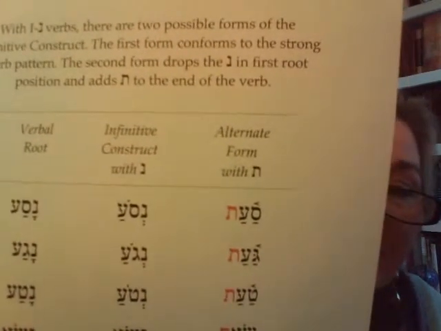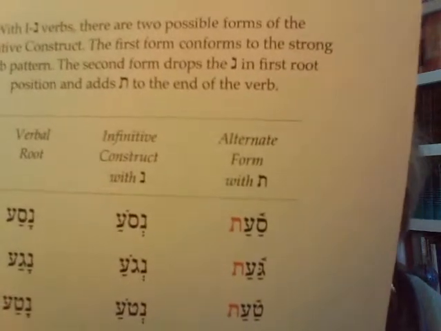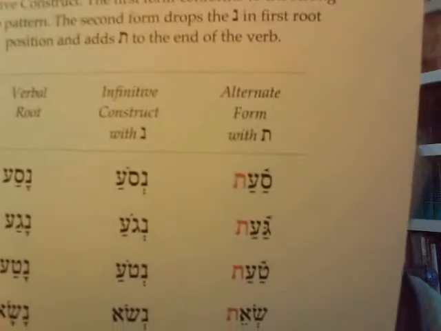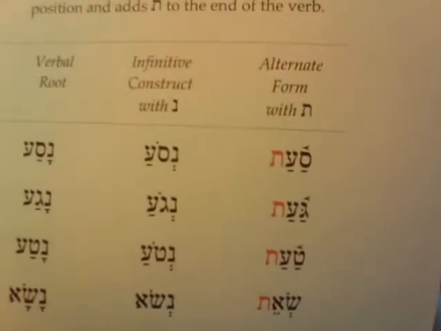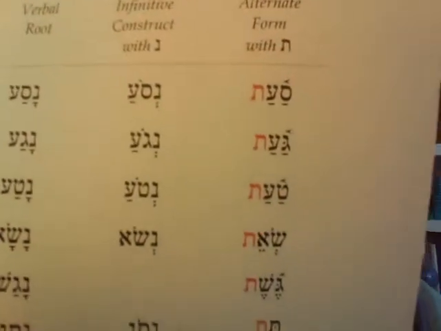So what we have here is the infinitive construct with the nun: nasoa, nagoa, natoa, neso, and nethon.